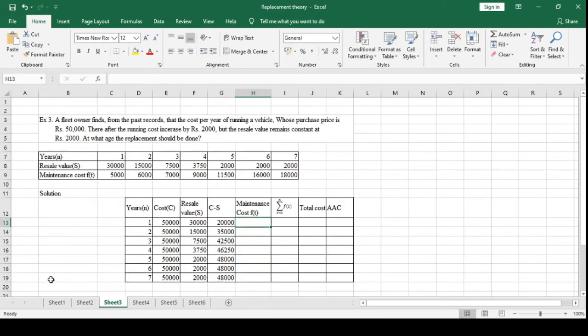Now the next column is maintenance cost, which is denoted by F of T. Maintenance cost is already given in your data.